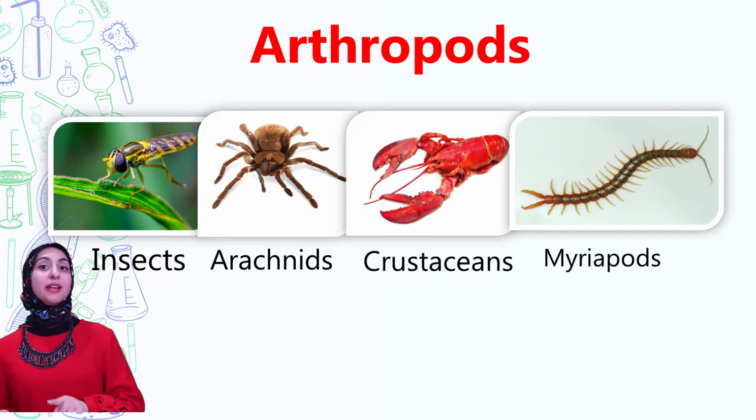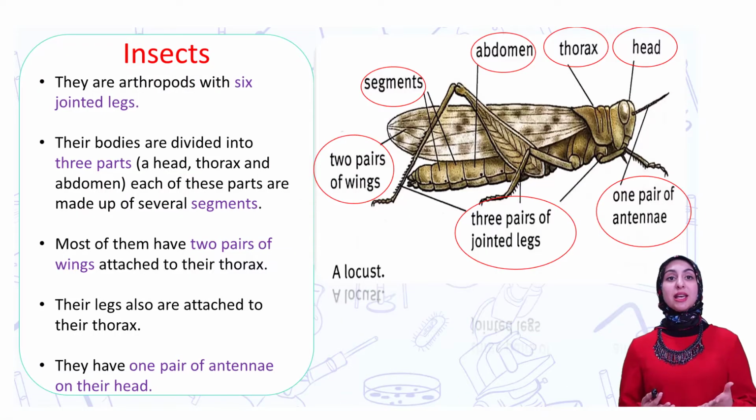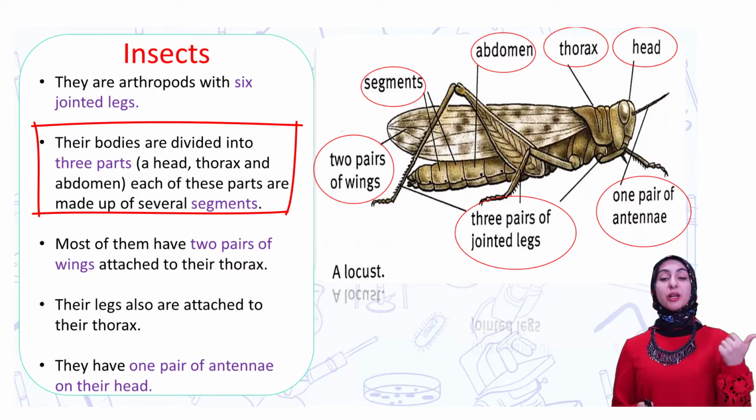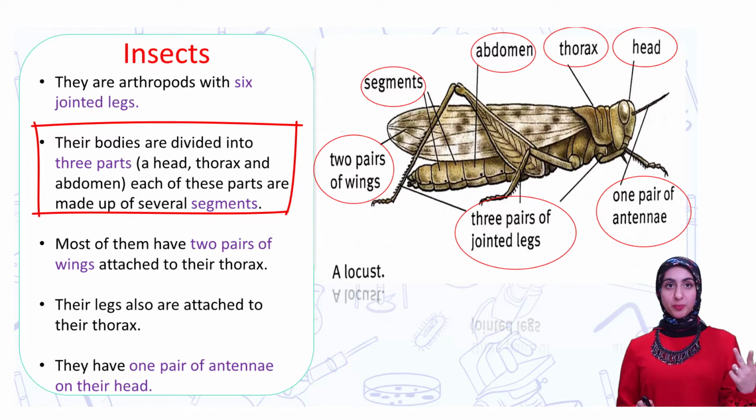Let's have a look at insects. Insects are arthropods with 6 jointed legs. This means it has 3 jointed legs on each side. Number 2, their bodies are divided into 3 parts, which are head, thorax, and abdomen.